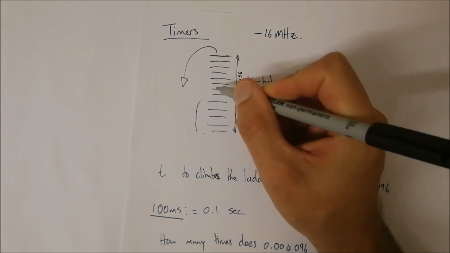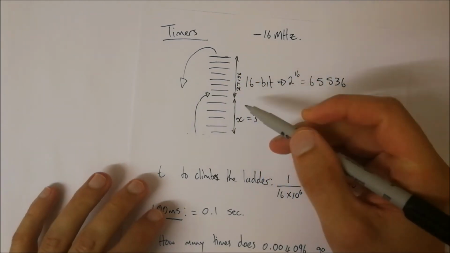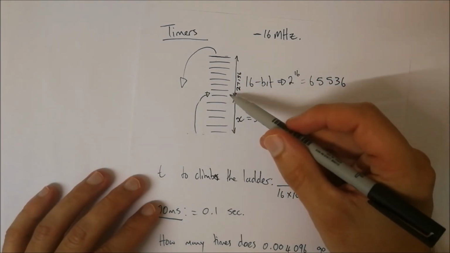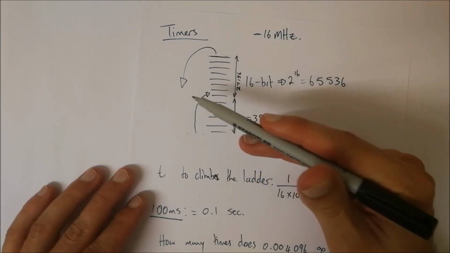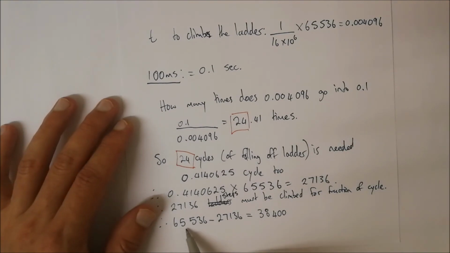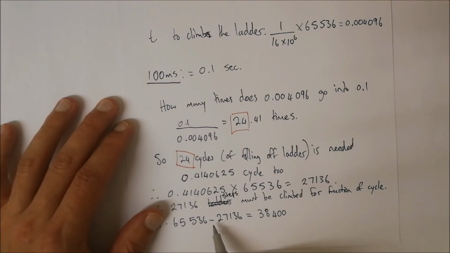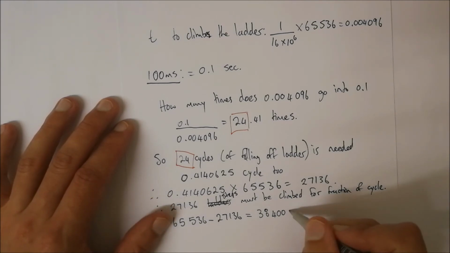We fly up to a certain step, which should be step X, and from there we continue climbing up the steps until we fall off. To know the value of X, we take 65,536, the number of steps in the ladder, minus that 27,136, and we're left with 38,400. And that's equal to X.